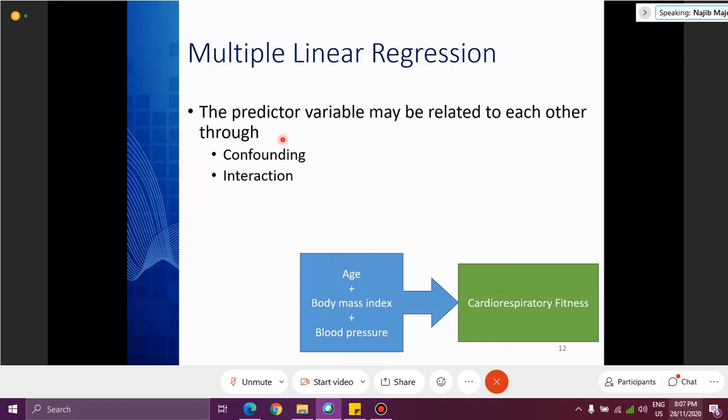The predictor variables may be related to each other through confounding effect and also interaction effect. They might have confounding and also interaction between all these three independent variables.